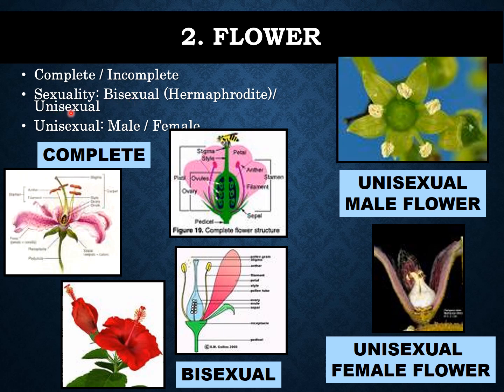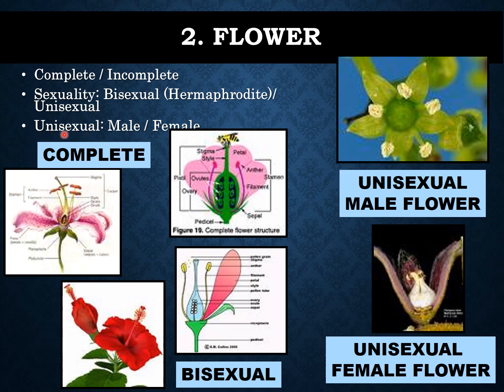If only one sex, that is stamen or carpel, is present in a flower, the flower is called unisexual. If stamen is present, the flower is called a staminate unisexual flower, and when only carpel is present, the flower is called a carpellate unisexual flower.